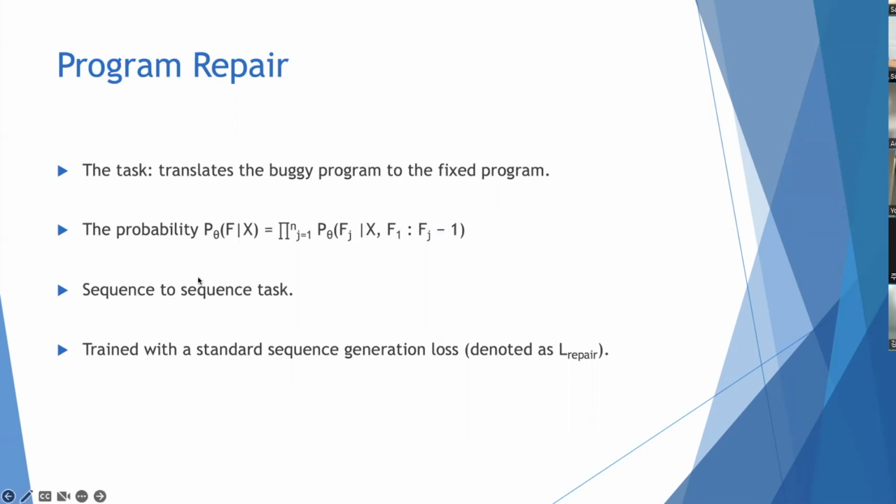Here F denotes the fixed version and X denotes the given input code or program. It calculates the product of the probabilities of F_j, the j-th token of the fixed version, given F_1 up to F_(j-1), the previous tokens in the sequence, and the input X, where N is the number of tokens in the target sequence F. This is a sequence-to-sequence task, and it is trained with a standard sequence generation loss denoted as L_repair.